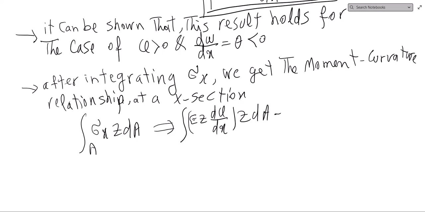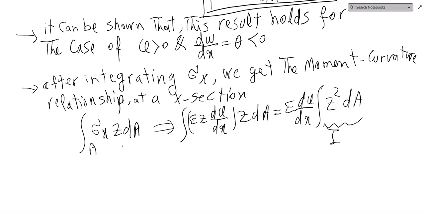I will not go through the details of the integration, and therefore you get E d phi dx integral of z squared dA, which is the moment of inertia, and this is moment, and therefore M is EI d phi dx.